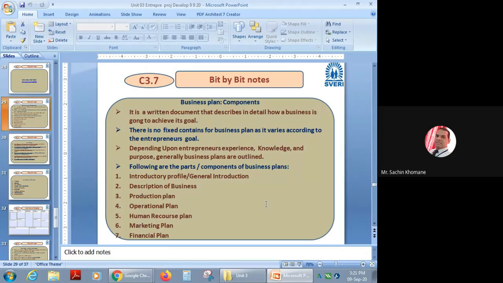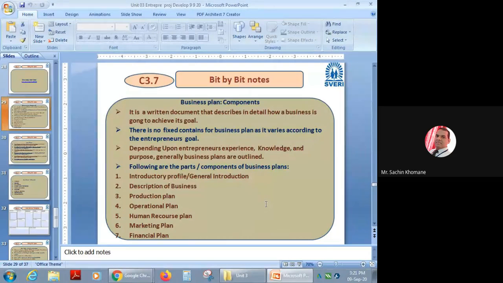In the introductory profile of your business plan, there should be the information of owner, biodata, entrepreneur or owner. If there are partners, then their names, numbers, email addresses. Then industry profile, like name of the organization, address of the organization, telephone number, email ID, that kind of information. So this should be there in an introductory profile.